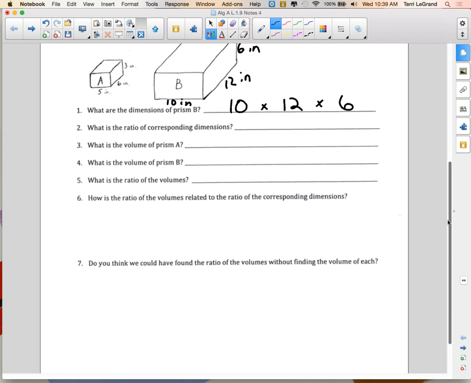Okay, so Samuel, what's one of the ratios we could set up? 10/5. Or, what's another one we could set up? Blake? 6/3. Or, what's another one we can set up? Sydney? 12/6.